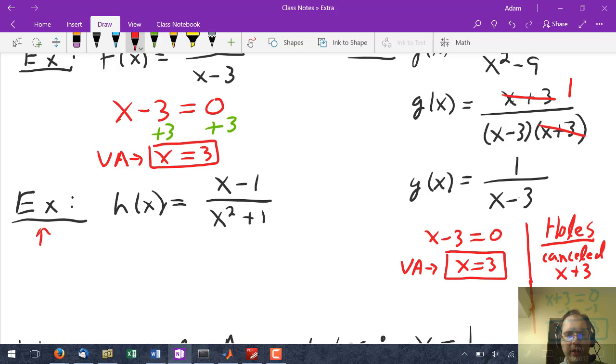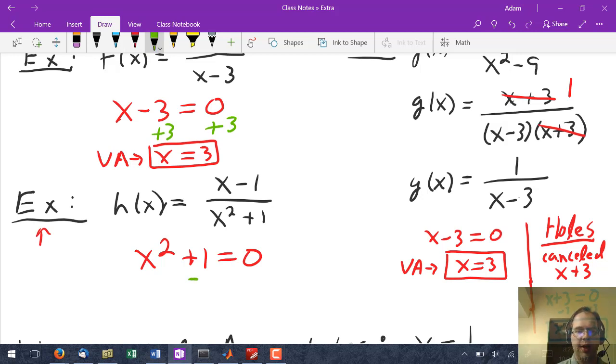Well, you can't actually factor this, though it seems to look like you might. This thing in the denominator can't be factored because it's not a difference of squares. It has a plus instead of a minus. And so we're not going to be able to factor it, but we can try to set it equal to 0 and try to solve for the vertical asymptotes.